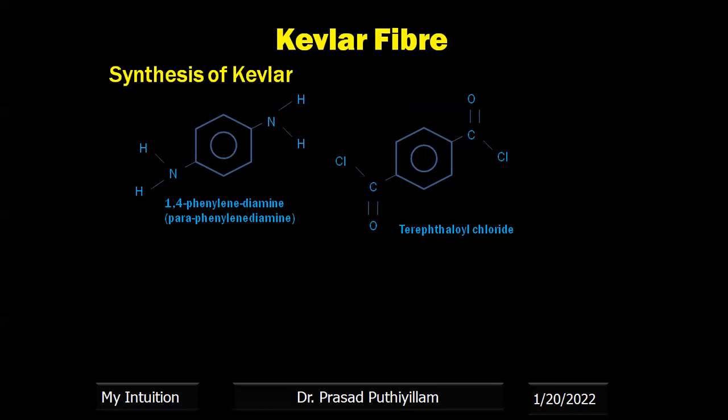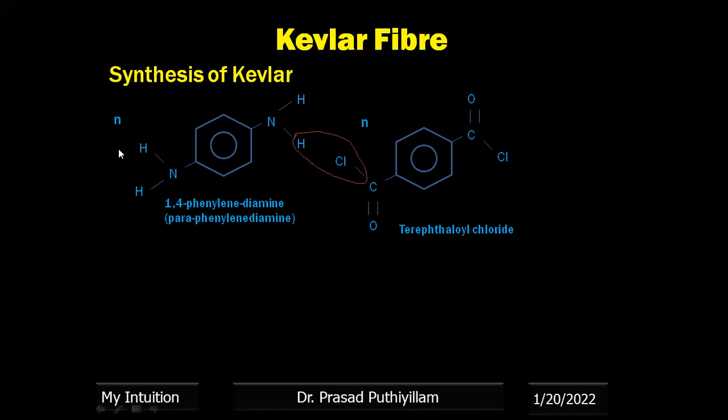Now a typical condensation reaction takes place. The HCl molecule will be condensed out between the diamine and the terephthaloyl chloride. If n molecules of paraphenylene diamine and n molecules of terephthaloyl chloride are present, then more condensation takes place at this corner.